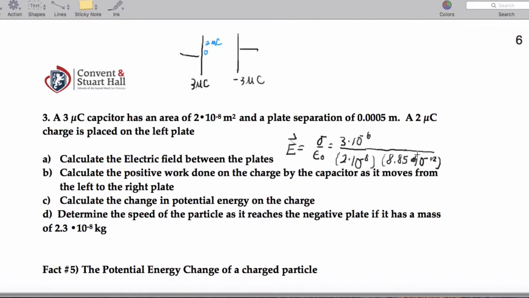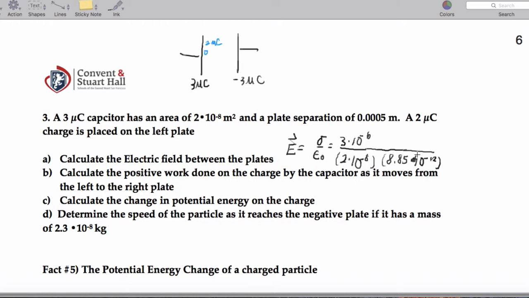Now let's go ahead and actually evaluate the value of that electric field. So we'll take 3 times 10 to the negative 6th, divide that by 2 times 10 to the negative 8th, and then we'll divide that whole quantity by 8.85 times 10 to the negative 12th.